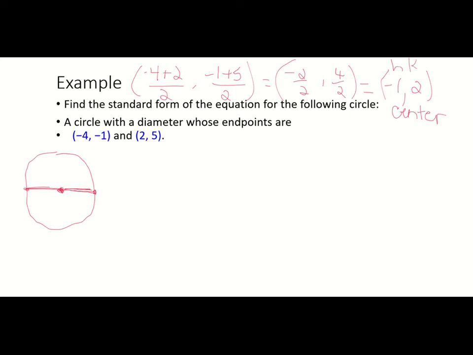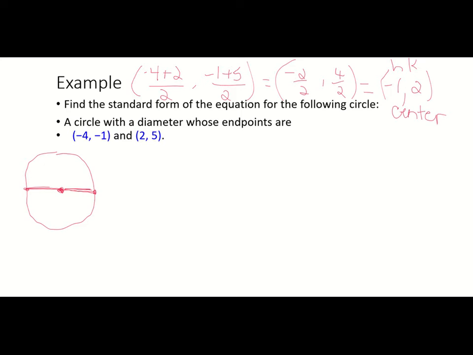So now we have part of what we need to write our formula for our circle, but now we need to know the radius. There are a couple of ways you can do it. You could plug in the center and one of the points into your standard form equation, or we could use the distance formula for the center and one of the points.